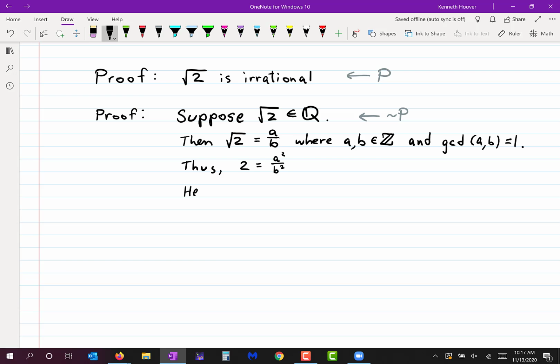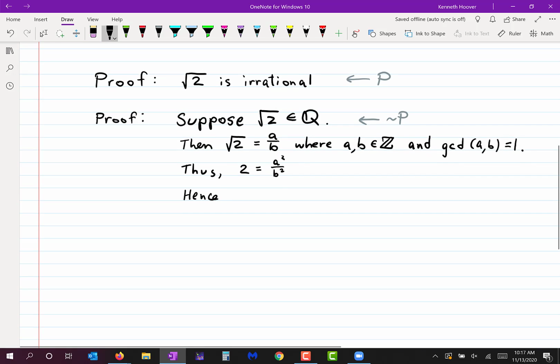Hence, a squared would equal 2b squared. So what's that tell us about a squared? That tells us that a squared is an even number because it's 2 times an integer.